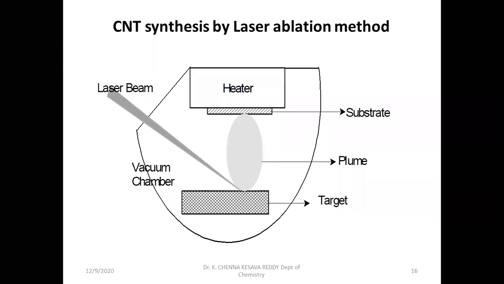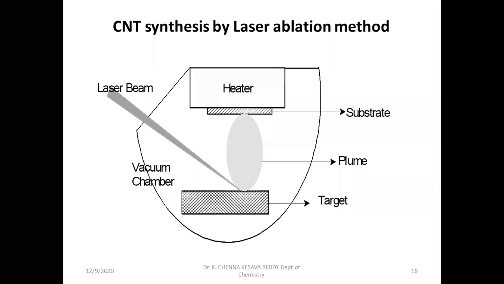If this high temperature plume is deposited on a substrate at room temperature, the coating or deposition may not take place properly. In order to balance the plume temperature, we attach our substrate to a heater.